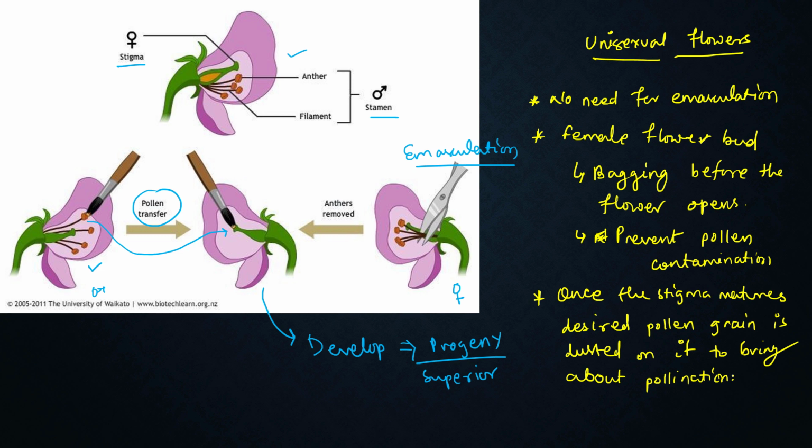So dear students, this is what you have to understand about the controlled pollination process, which is going to help us in a process called, remember, artificial hybridization.